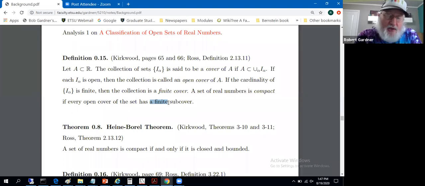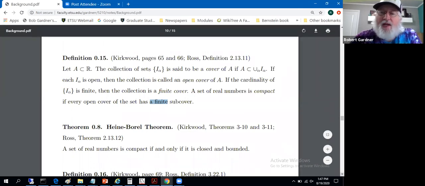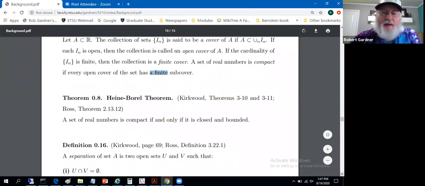Now that's just me talking, that's informal, but that's the reason compact sets are important. Can you tell me what a compact set of real numbers looks like? Sure, Heine-Borel tells us that. This is in Kirkwood, it's in Ross, I suspect it's even in the Royden book somewhere, certainly referenced many times. A set of real numbers is compact if and only if it's closed and bounded.